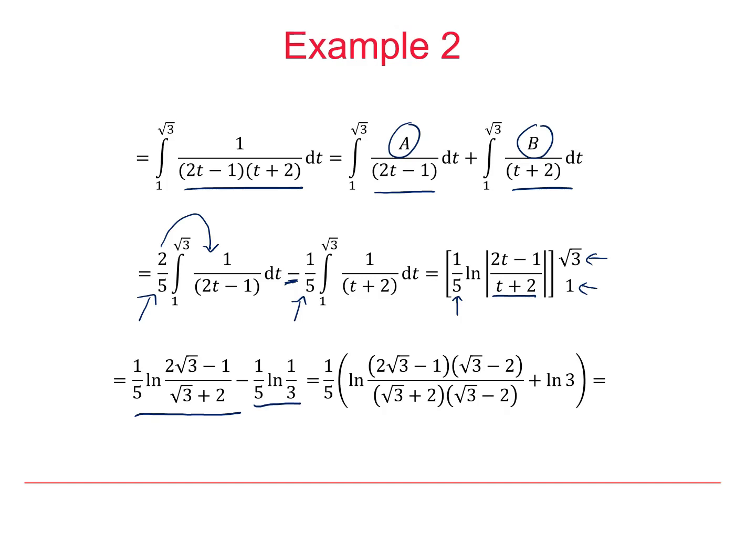I've got a negative ln of 1/3 here, so that's the same as adding the natural log of 3. I've taken a common factor of 1/5 out, and to rationalize the denominator, I'm multiplying top and bottom by root 3 minus 2.